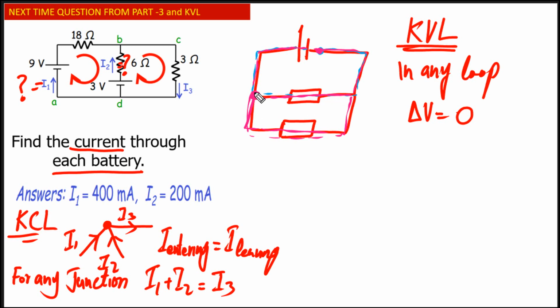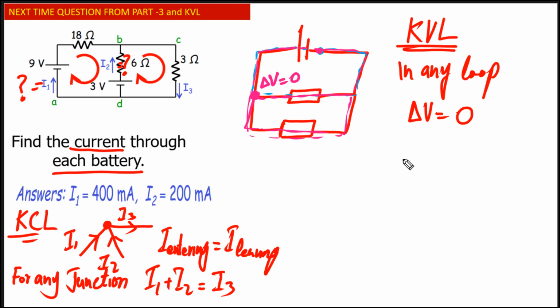Again, I form a closed loop. So this is simply a loop: the point you start, you come back to the same point. That is a closed loop. So in any loop, delta V has to be equal to 0. This is what KVL is telling us.